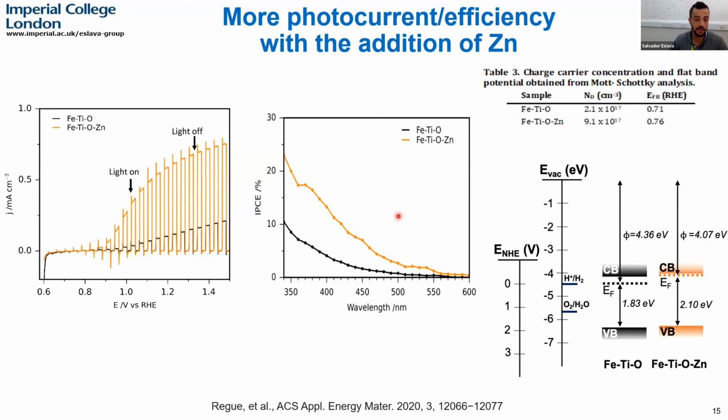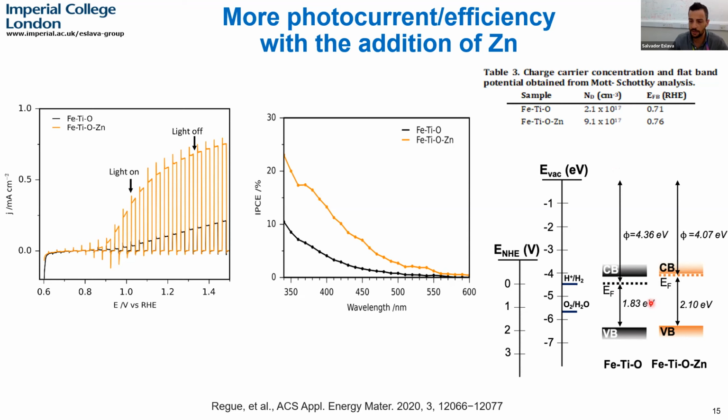We also did Mott-Schottky analysis. We know it's a bit tricky because this is a very porous material, but it still gave us some qualitative measurements. And this showed that the charge carrier concentration increases 4 times when we have the zinc 2+. And this agrees with having zinc 2+ at interstitial positions.